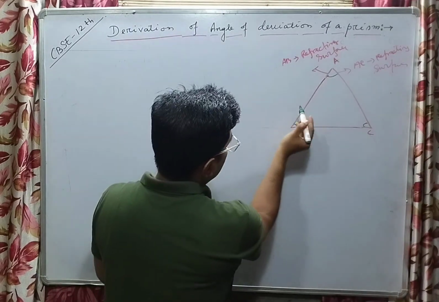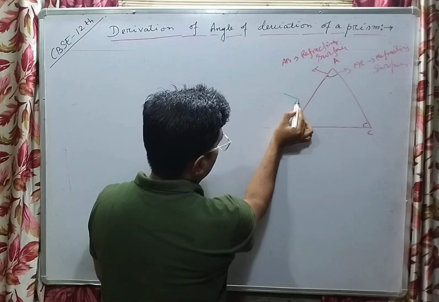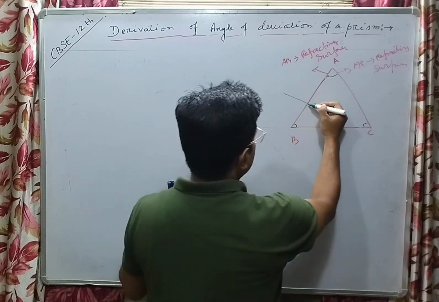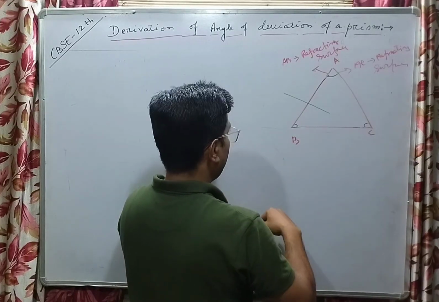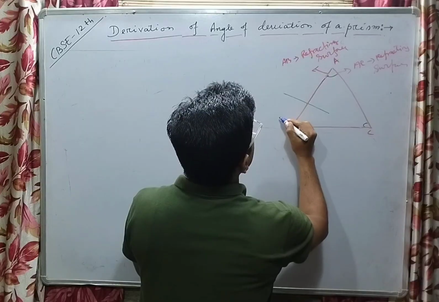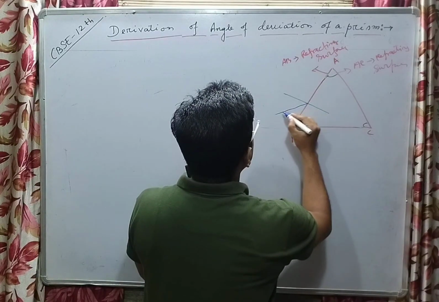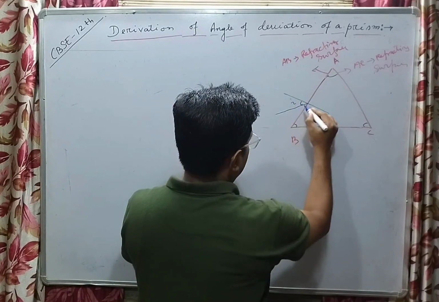See students, I am going to draw a perpendicular at this point, right? And a ray which is incident at this point, making an angle i.